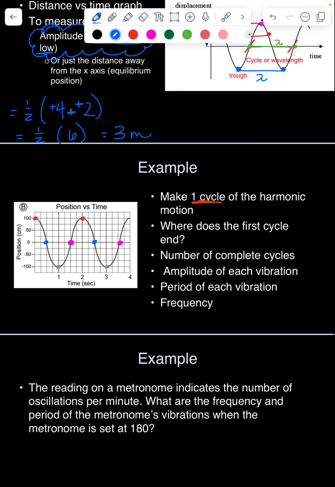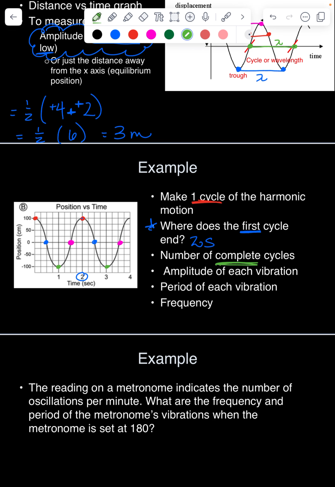Now this one says, where does the first cycle end? Our wave actually began as a crest. So where does that next crest happen? And that's at 2 seconds. The next one asks, how many complete cycles do I have on this graph?